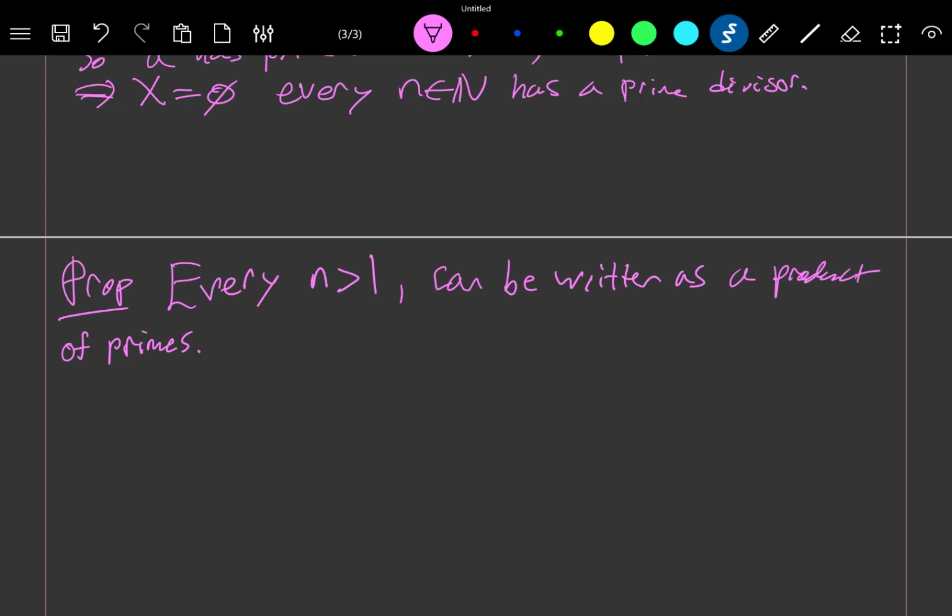So here's a proof, and let's do this. I think we can do this by induction. So for induction, we need a base case, and the base case is n equals 2. And n equals 2 is a product of primes.